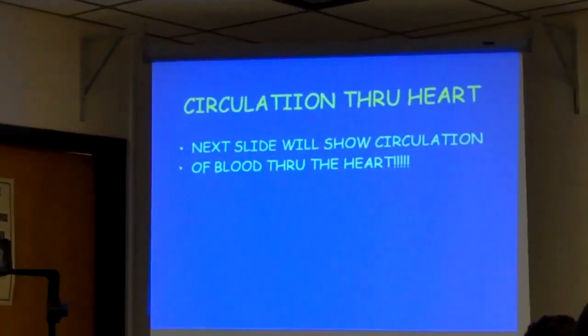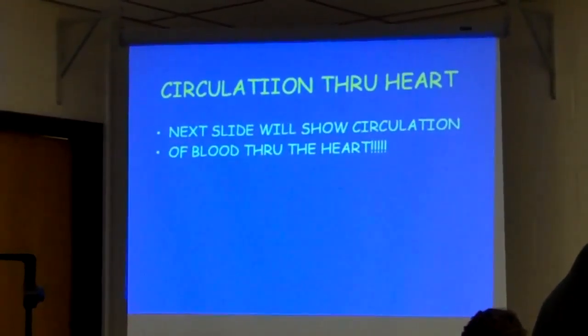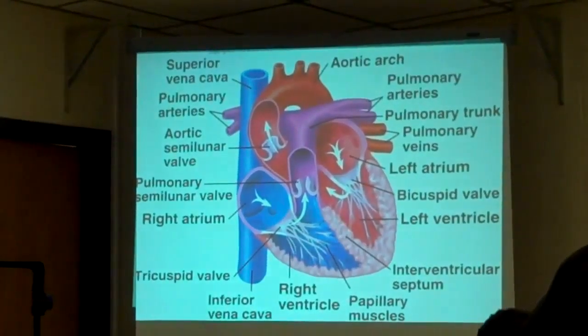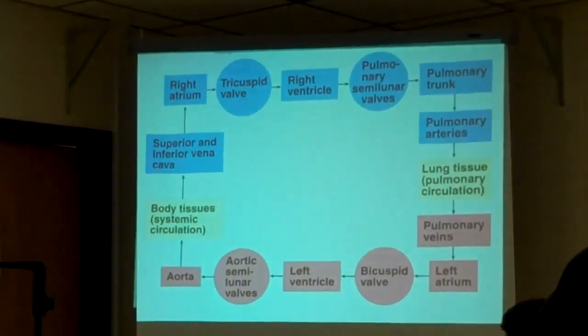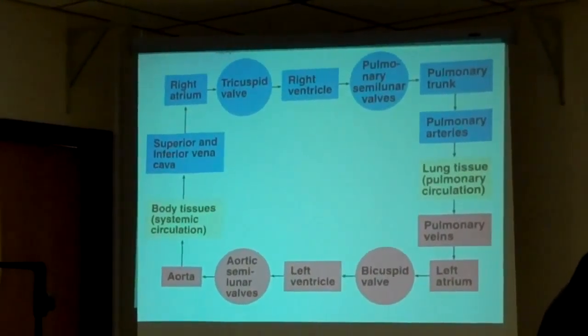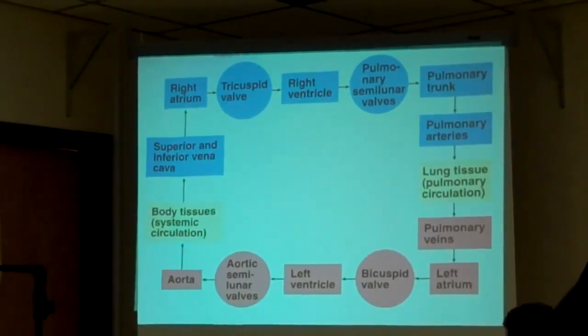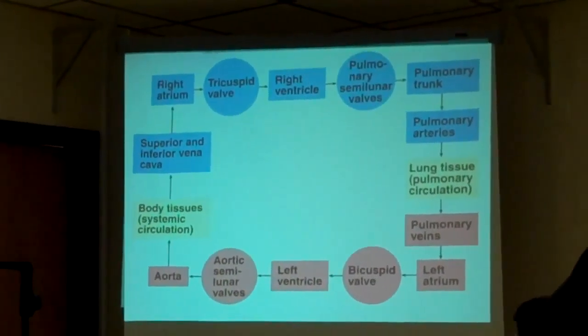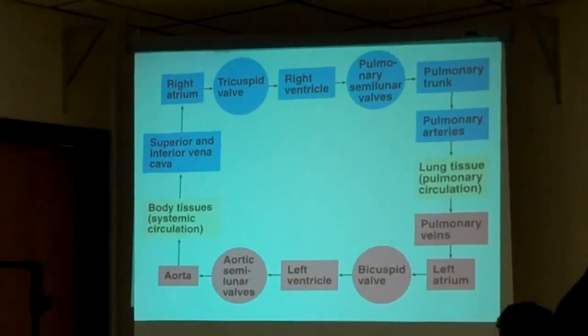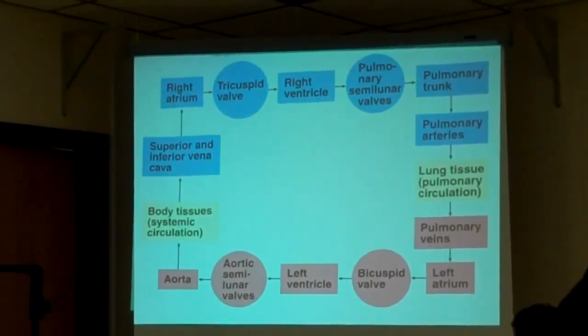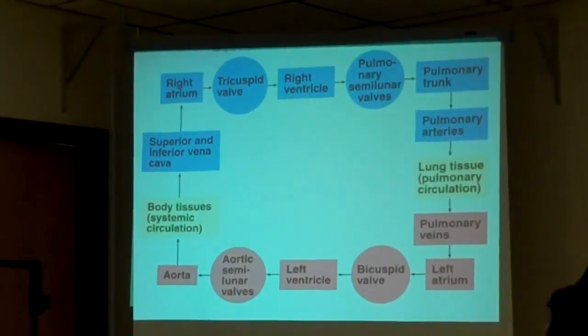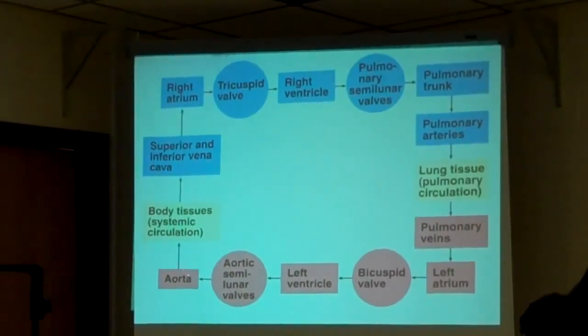Now right here, circulation of blood through the heart. Let me show you this right quick. This will show the circulation, and this right here is the best deal to show circulation of blood through the heart. You can start it anywhere with circulation. Usually I start with the aorta.